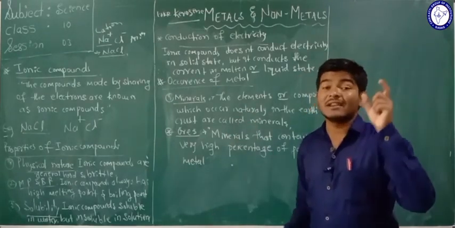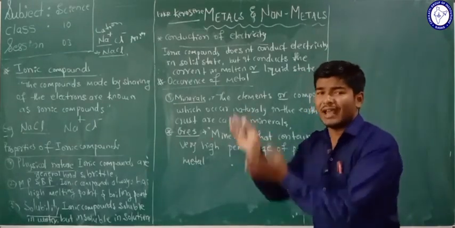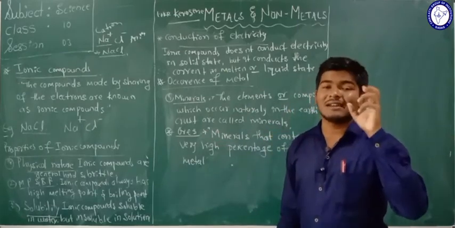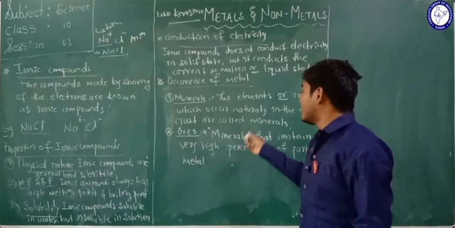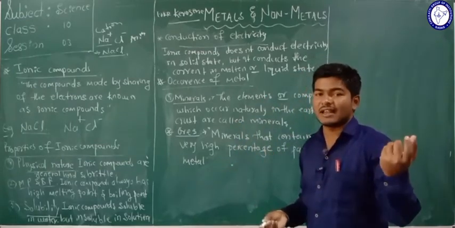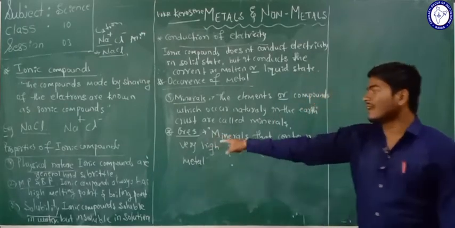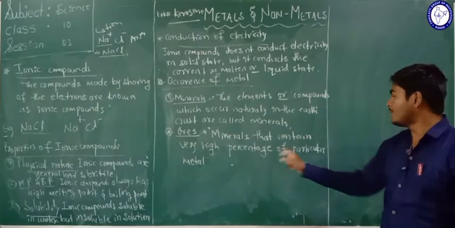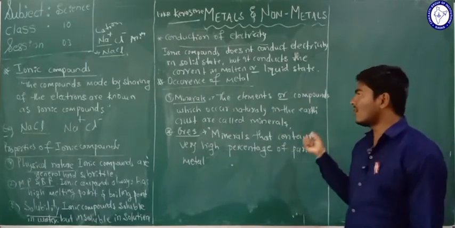When I am considering iron ore, it doesn't contain only iron, but it contains other elements as well. But why am I calling it an iron ore? Because the mineral has a high percentage of iron, therefore it is called an iron ore. So once again, what are ores? The minerals that contain a very high percentage of the particular metal are called ores.